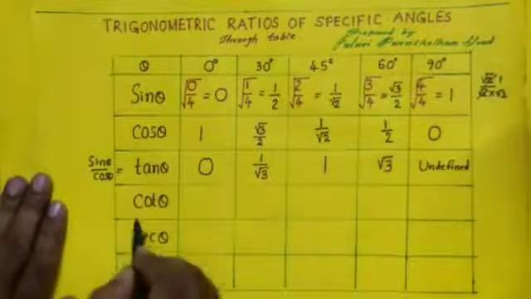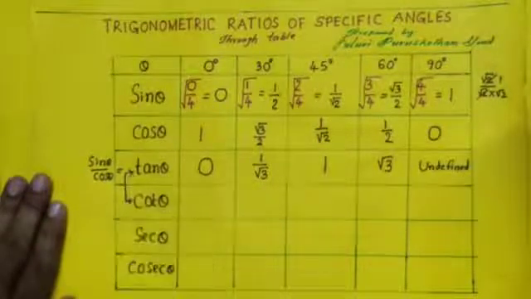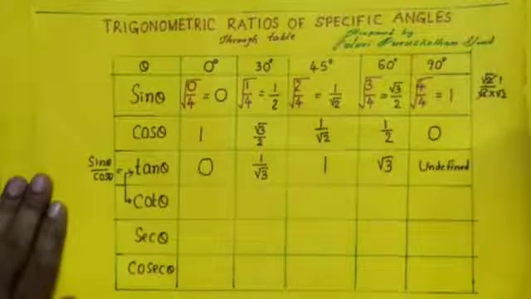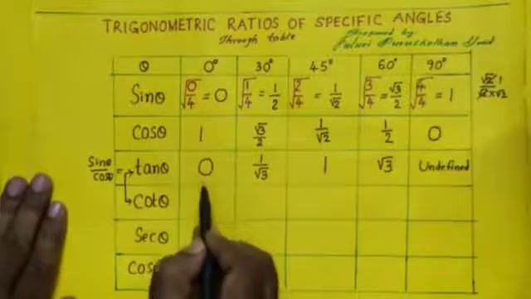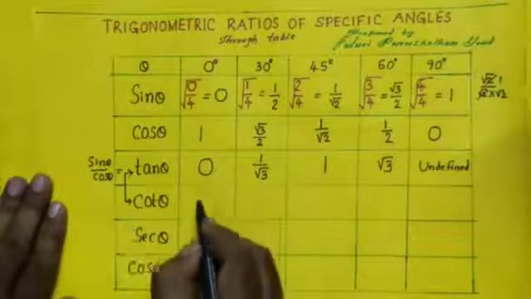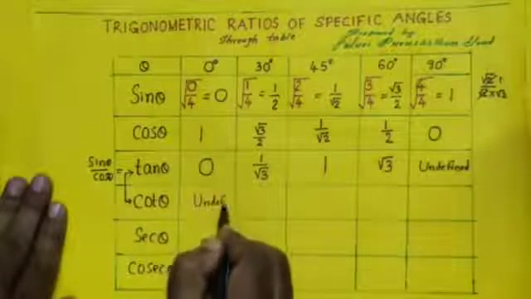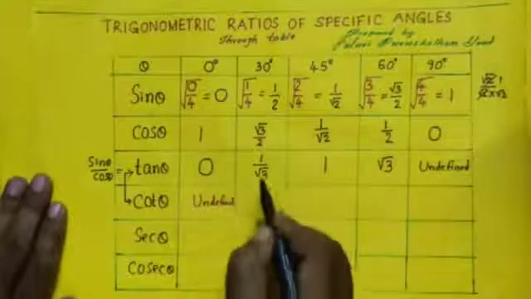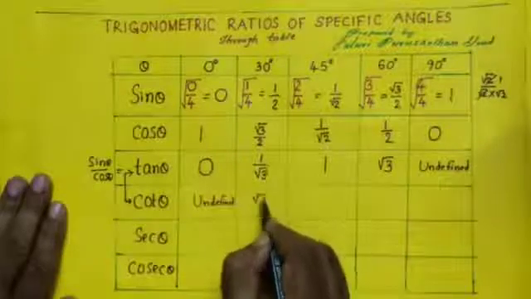Right. Cot theta is just the reciprocal of tan theta. So tan theta is 0, meaning 0 by 1. Its reciprocal is 1 by 0, meaning undefined. And cot 30 degrees is root 3, the reciprocal of 1 by root 3, which is root 3 by 1.